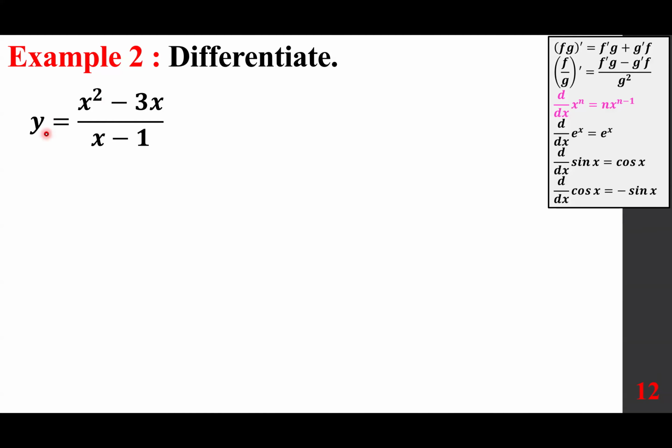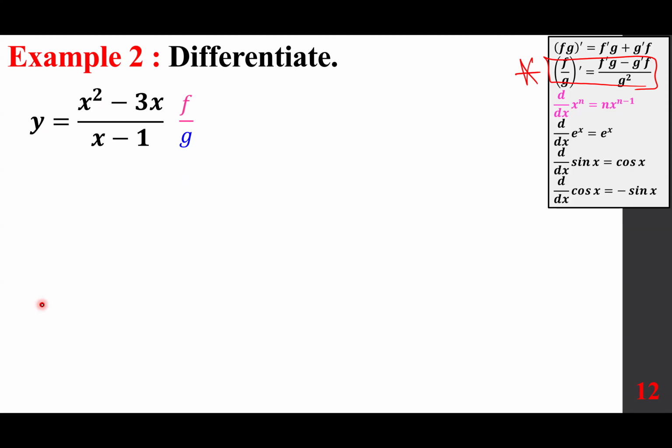All right, we want to differentiate y equals x squared minus 3x over x minus 1, and we're going to do everything from a to z, and we notice we have to use the quotient rule. So we're going to call it f over g.